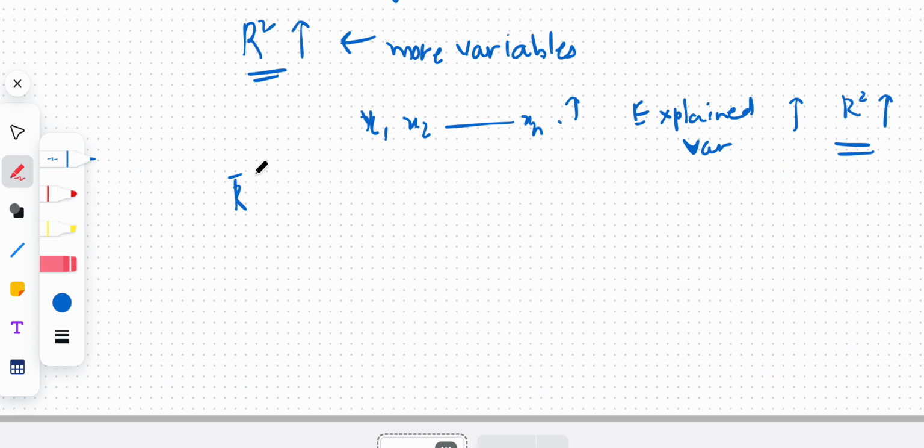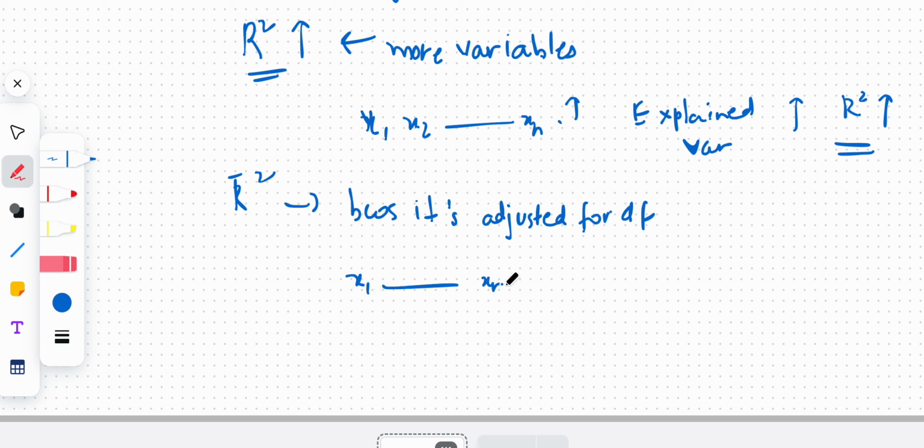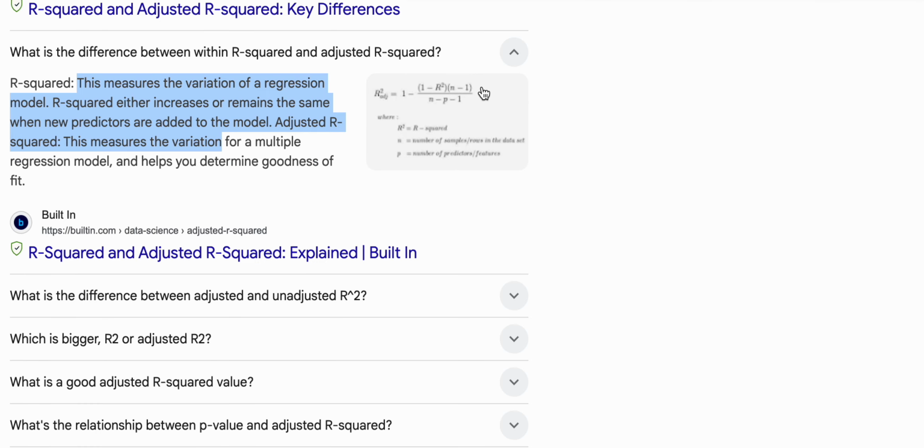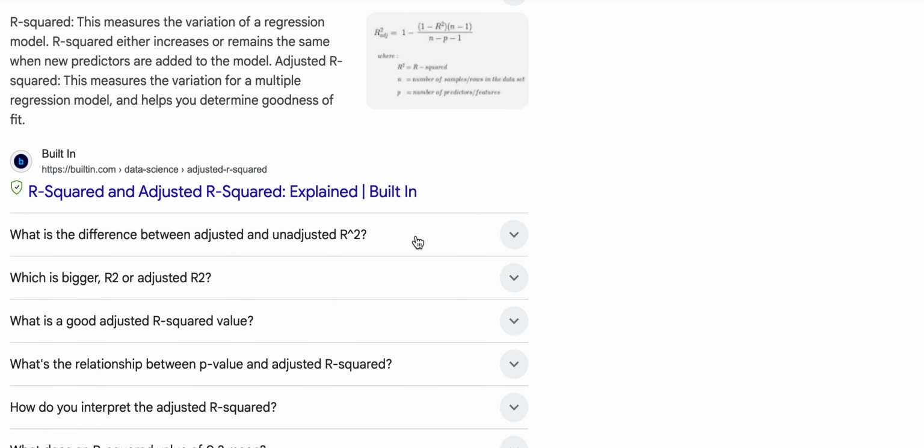But adjusted R square, because it's adjusted for degrees of freedom, won't change its value unnecessarily with the addition of a new variable. It might change its value if it's an important change.